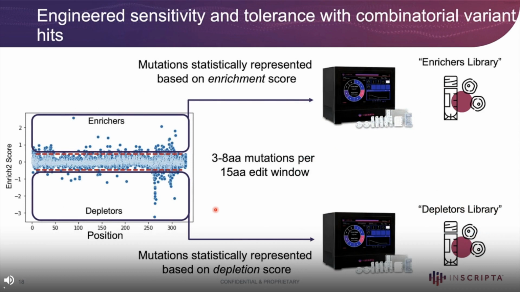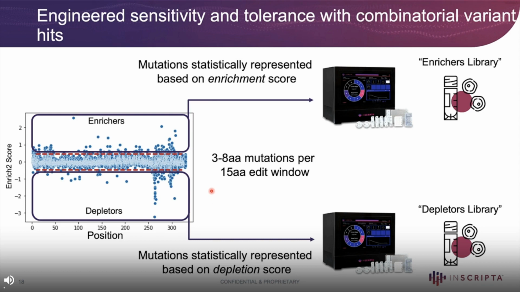So based on the results from the previous selection, this really confirmed to us that there is something going on with having an enriching cluster of mutations and having a depleting cluster. And so the next 2 libraries that we built were libraries that were designed to engineer even greater sensitivity and tolerance to the Coumaric acid.